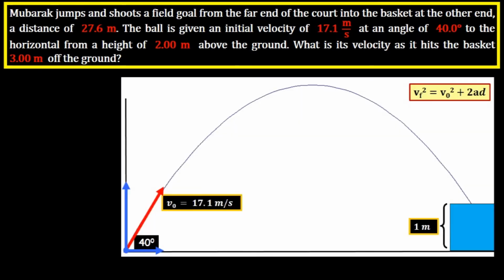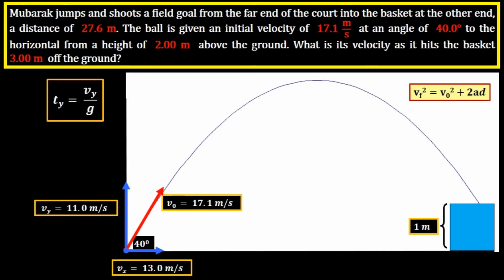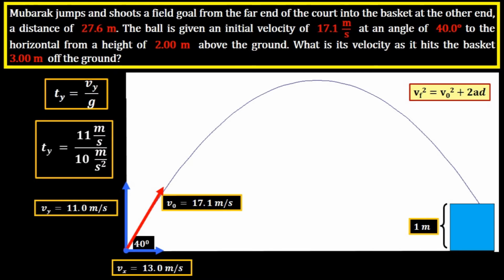Here I have the initial velocity, the angle, and that it's going to land 1 meter off the ground. The trigonometry should be second nature. Vy is 11 meters per second. Vx is 13 meters per second. Ty is going to be 1.1 seconds. This should become very second nature to you.